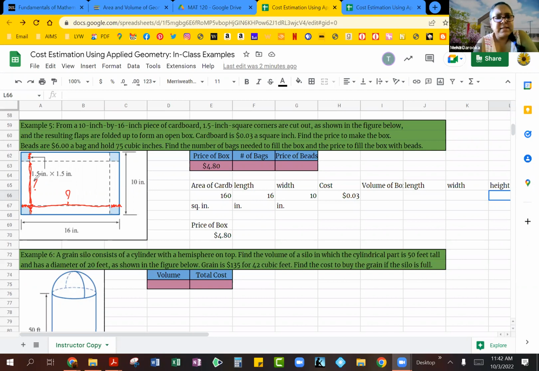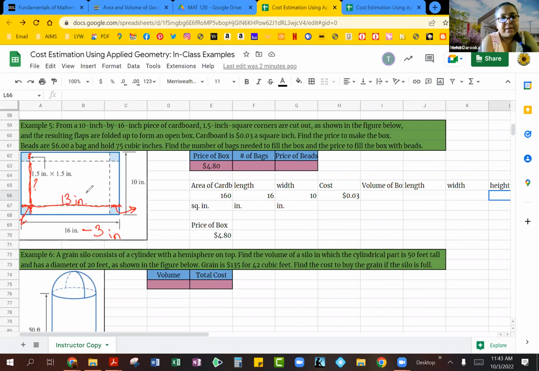Okay, so Amanda, I see your new information. Very good. So we know we started out with 16 inches as the whole length of the cardboard box, but then you took 1.5 out from this side, and you took 1.5 inches out from this. So that's a total of 3 inches. So you end up with 16 minus 3, which of course will give you 13 inches for the length of the box.